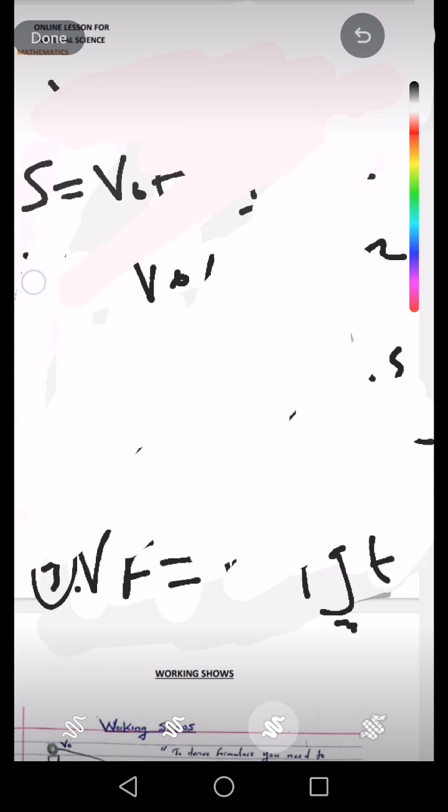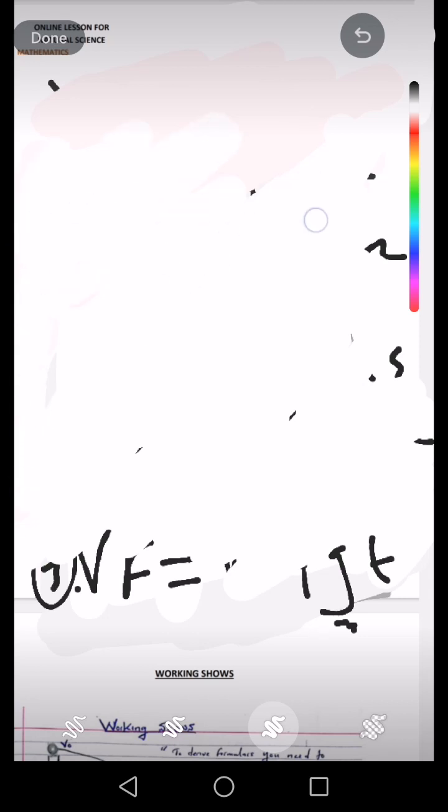So the first case, it looks like this: on the cliff. We denote the cliff there, and the ball comes down like this. That is the first case of projectile motion.